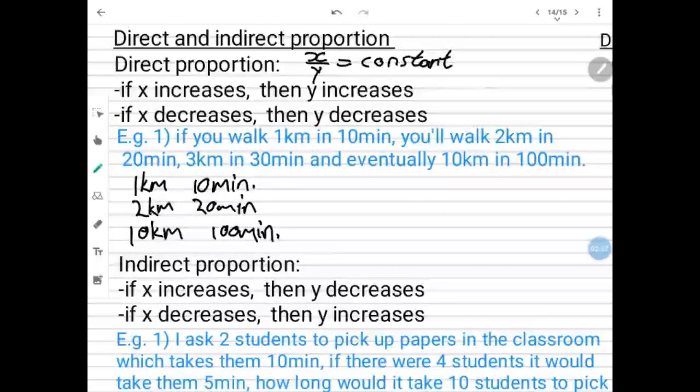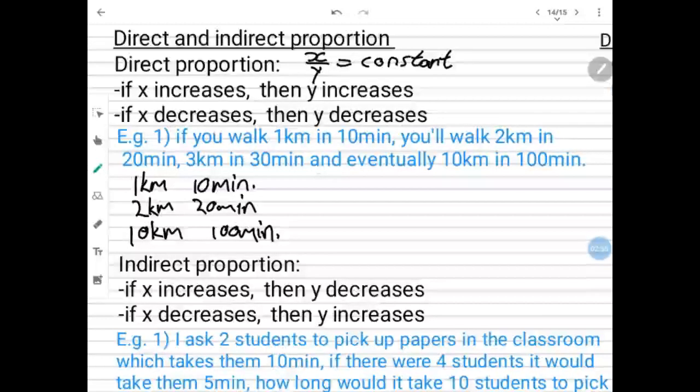Now, using the formula that I just gave you for directly proportional, x divided by y will be a constant number. We can see that this information will fit exactly into that formula, and the answer will be the same every time.